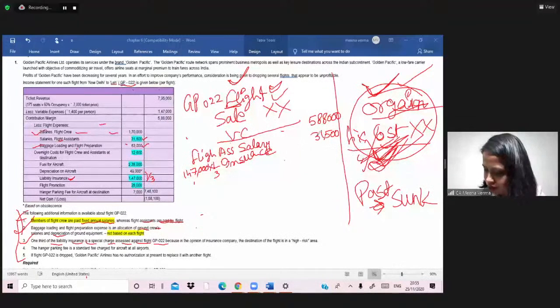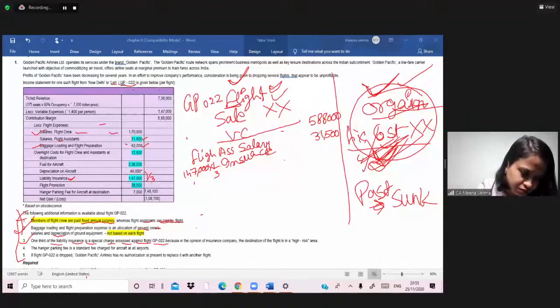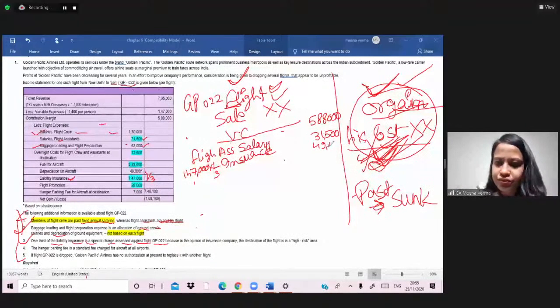No. What is this value? Please give me the value. This value is 49,000. ठीक है? This is 49,000.